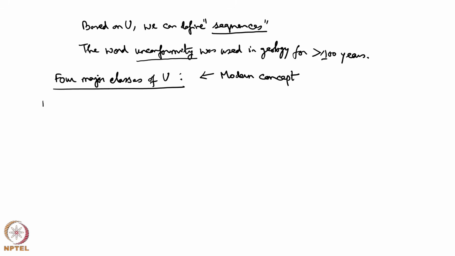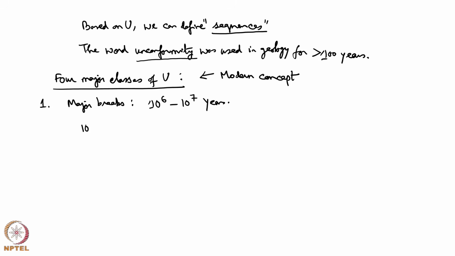Number 1, there can be an unconformity that indicates a major break of 10 to the power 6 to 10 to the power 7 years. Of how much time? 10 to the power 6 to 10 to the power 7 years.